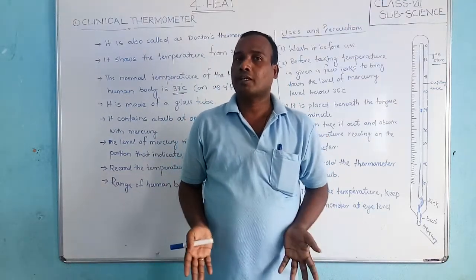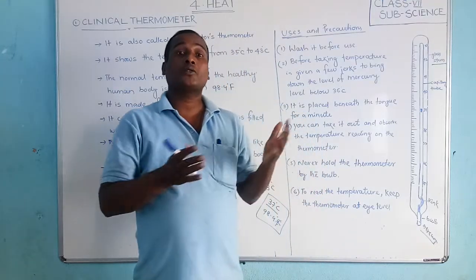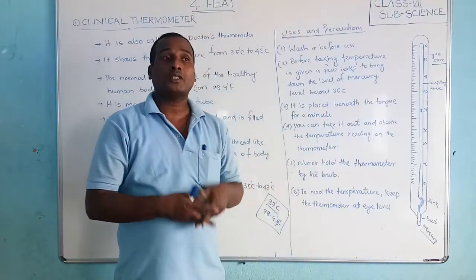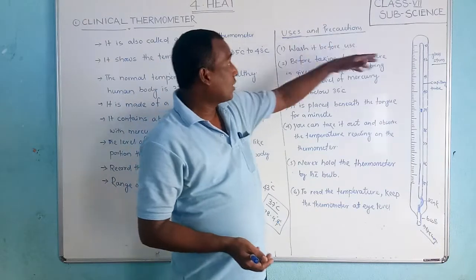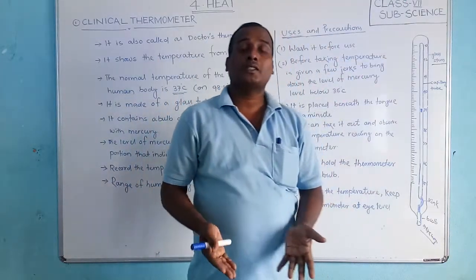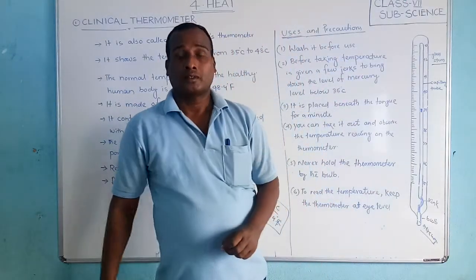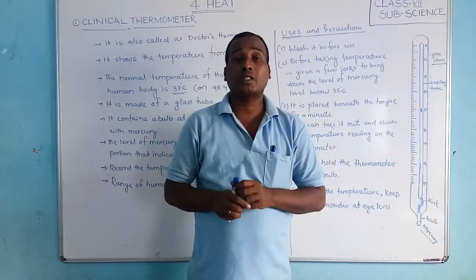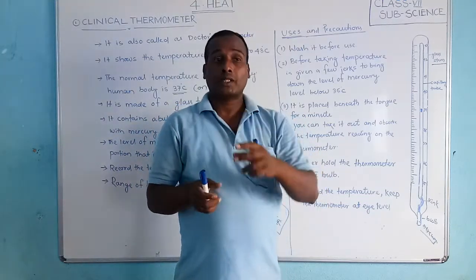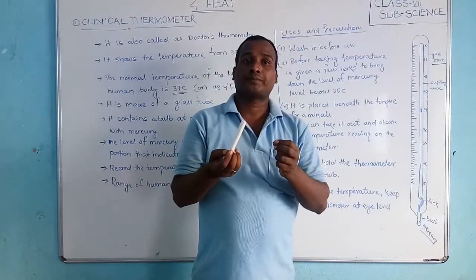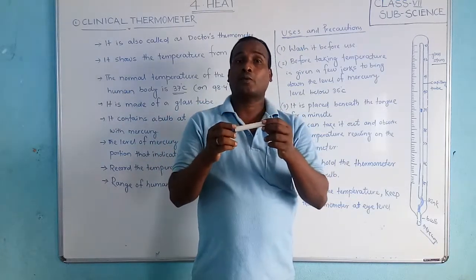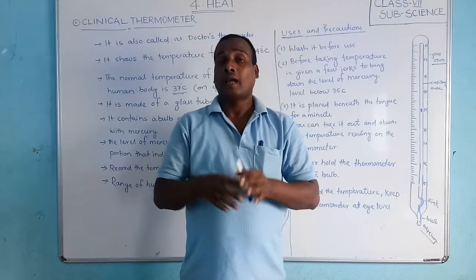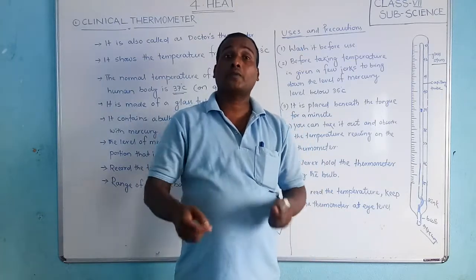Friends, nowadays the clinical thermometer is being avoided. Nowadays, instead of the clinical thermometer, the digital thermometer is used. That means it does not use mercury, because sometimes while you are using the clinical thermometer, it can fall down from your hand and break, and it is very difficult to collect.